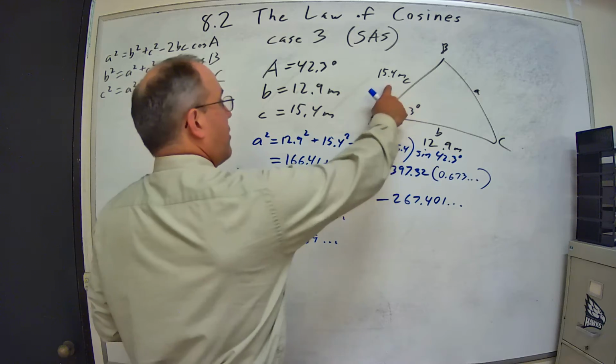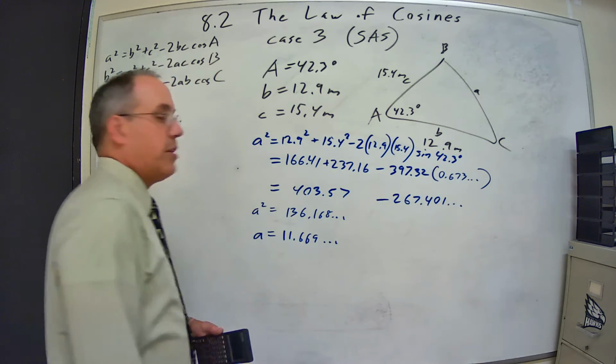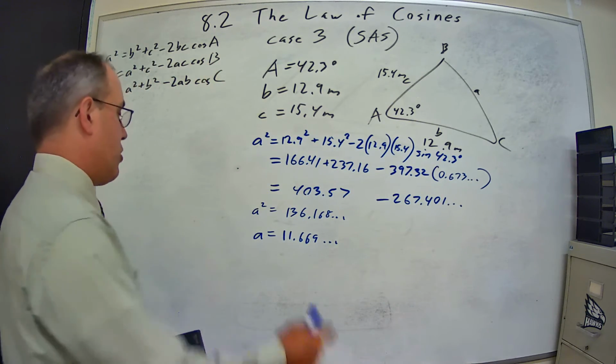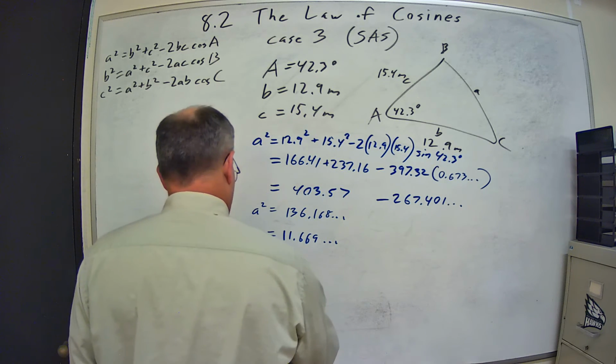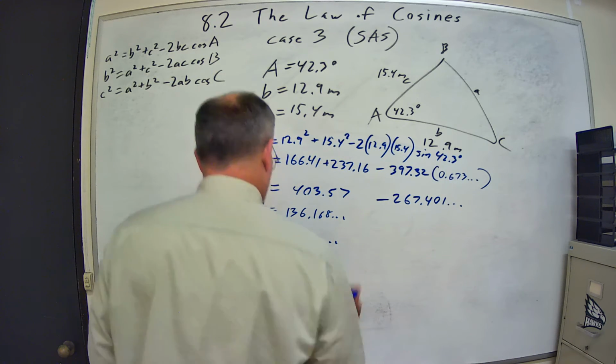And we notice that our lengths are to the nearest tenth of a meter. So I'm going to round that to a tenth of a meter, say A is equal to 11.7 meters.